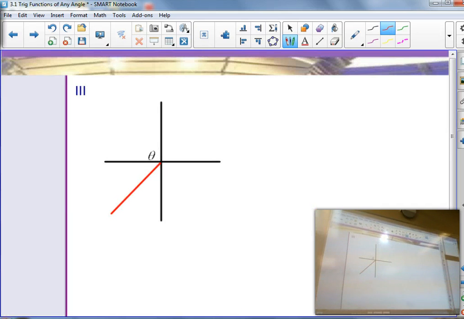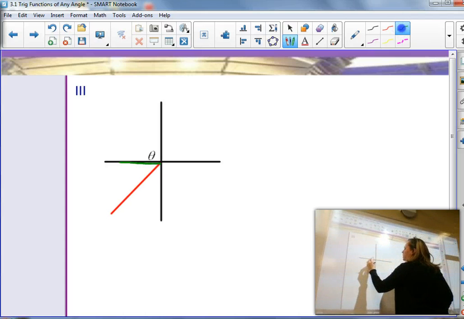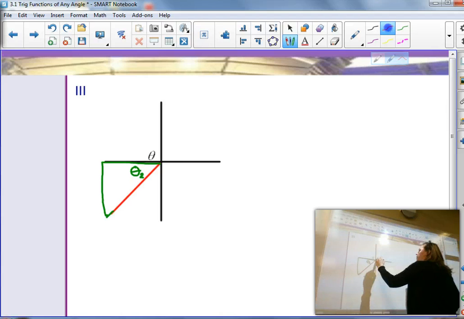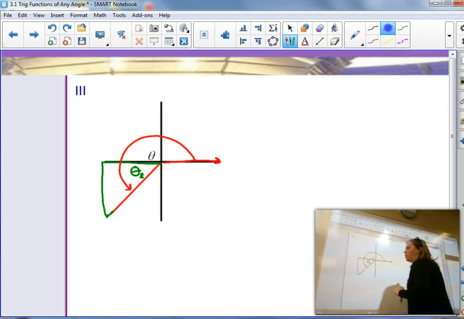Okay, quadrant 3. What's going on in quadrant 3? Negative. Yeah, negative stuff. So in quadrant 3, here's my reference angle. My angle that I want, theta, goes from the x-axis and rotates all the way around that far.